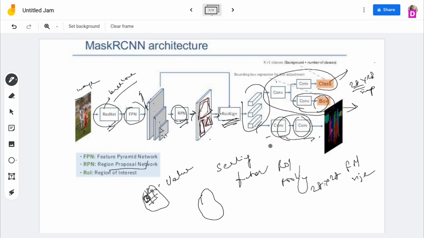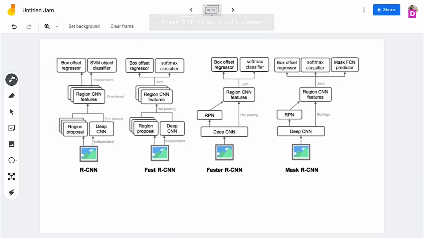At the same time it will also have a sibling layer, and this will be used for your mask purposes. So this will be your segmentation task. The final output is a 28 by 28 feature map. Each element is responsible to give out one value, and all these values joined together will form your final mask.